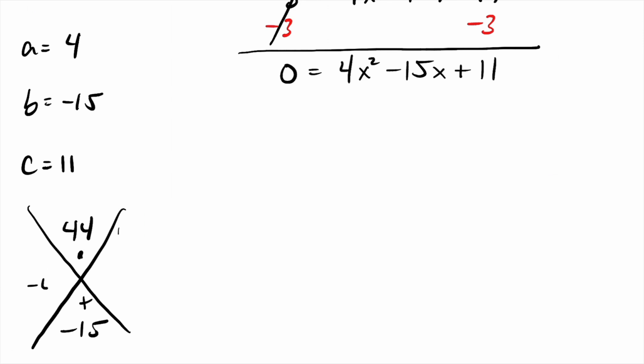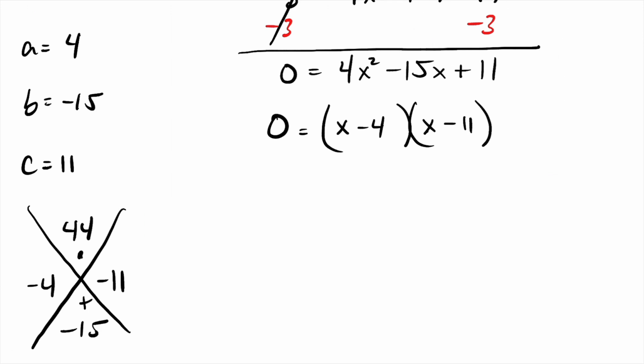There you go. Yep. -4, -11. Those two multiply to be positive 44, and they add to be negative 15. So -4, -11.